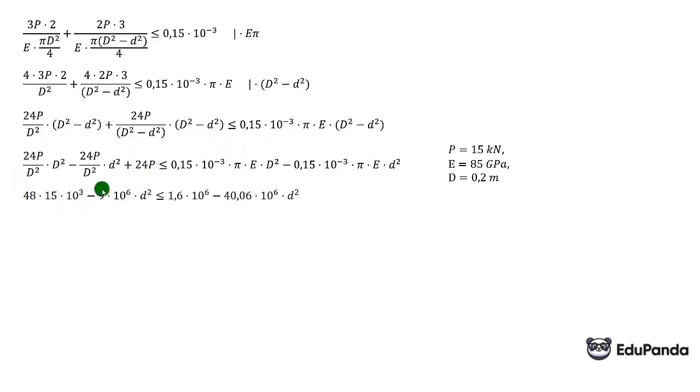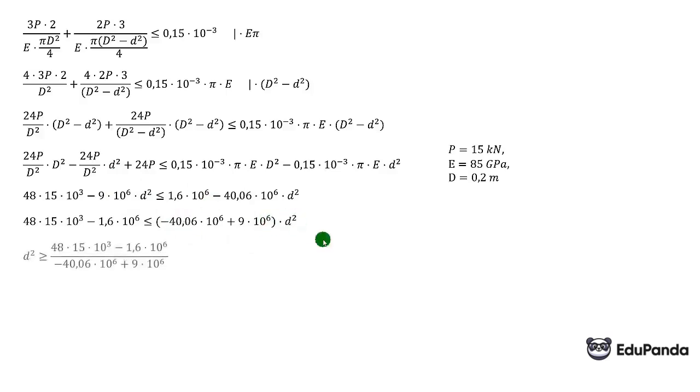And I canceled out here, mathematical transformations. Now we need to calculate the small diameter. So we move to one side. To the right, we factor out what stands next to the unknown and divide by this bracket. We have that d squared must be greater than or equal to some fraction.